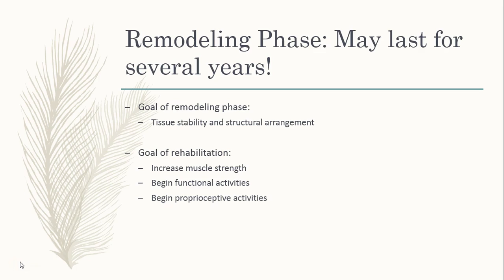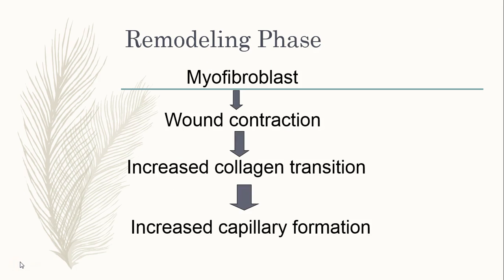So we just have to trust our rehabilitation. We need to work on increasing muscle strength, and that can get measured using quantitative goals, using manual muscle testing or a handheld dynamometer, okay? And you want to begin those functional activities and those proprioceptive activities like we did in lab.